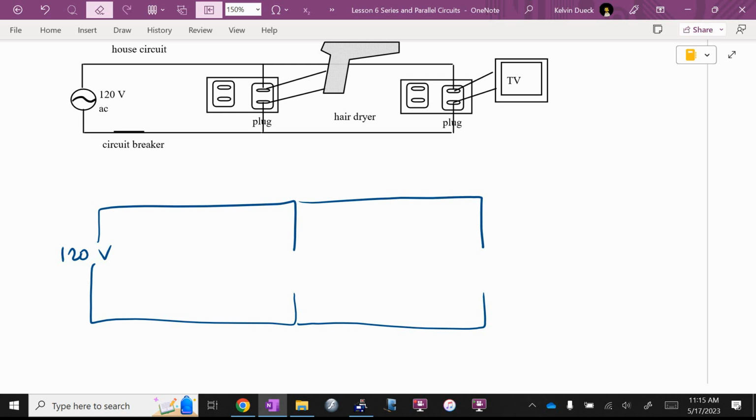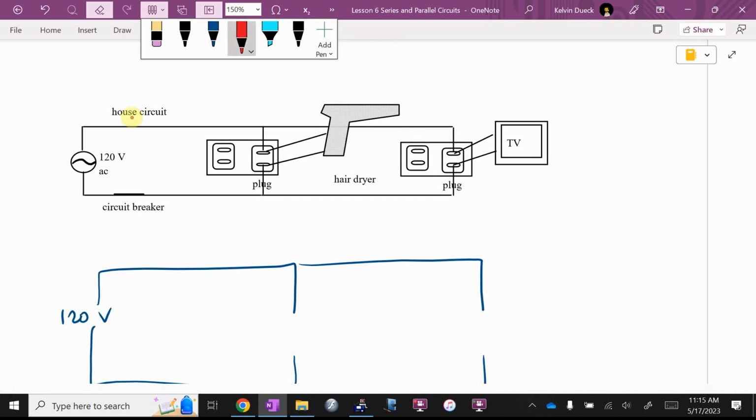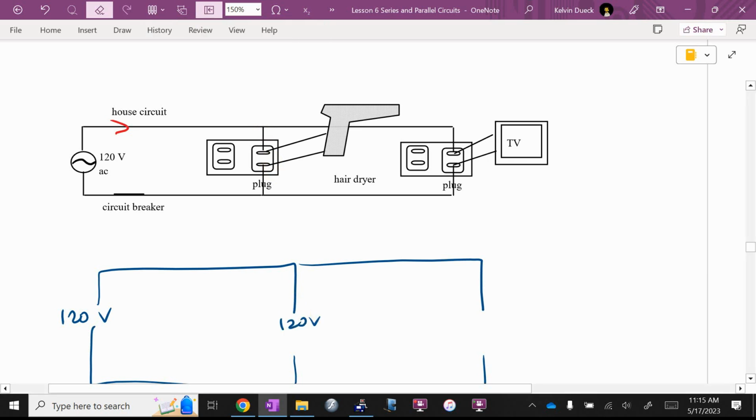Now, AC goes back and forth, but let's pretend downhill is that way. Here's my question, Ruby. If I start with 120 volts, how many volts must I lose going through this hairdryer? So do me a favor, in your equivalent, put a little 120 volts there. What about the TV? Also 120 volts.